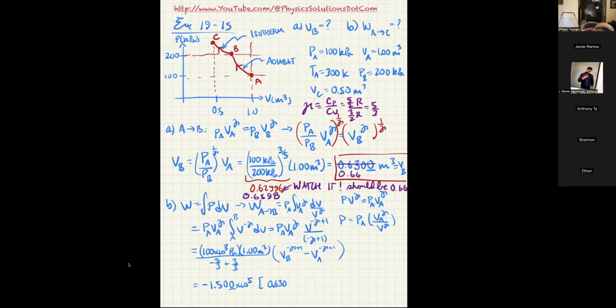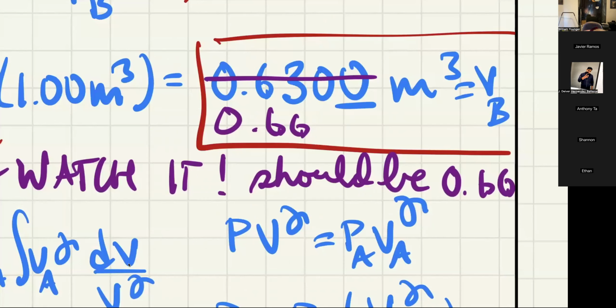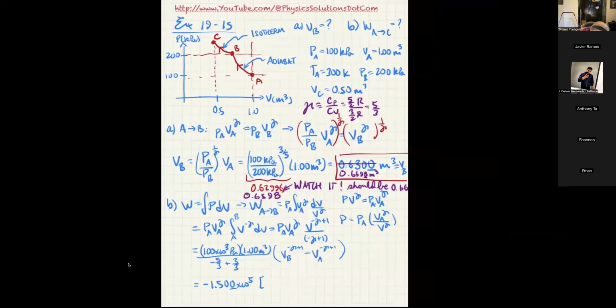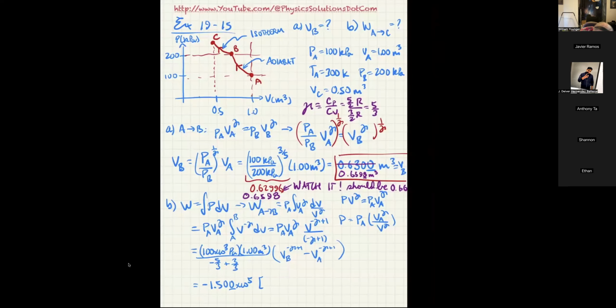So that's what I should use here instead of 0.63. So that's the right answer. Sorry about that calculation error. I'm glad I figured that out in real time anyways.